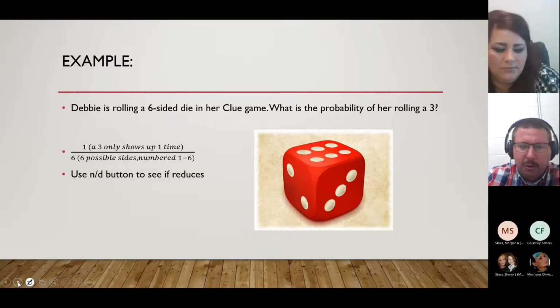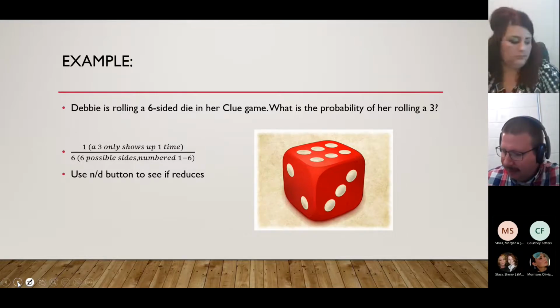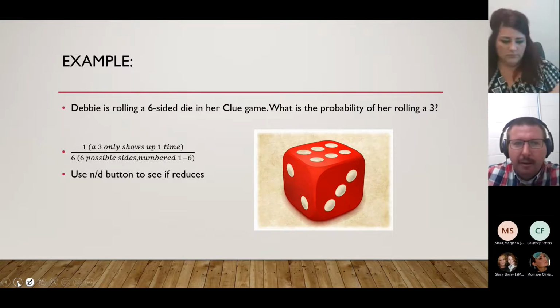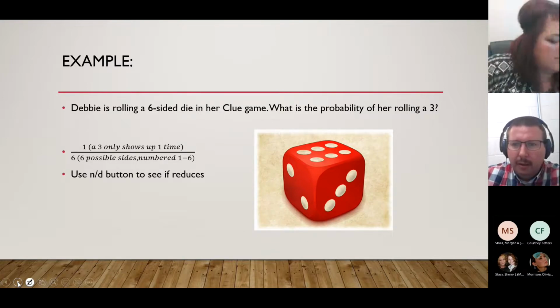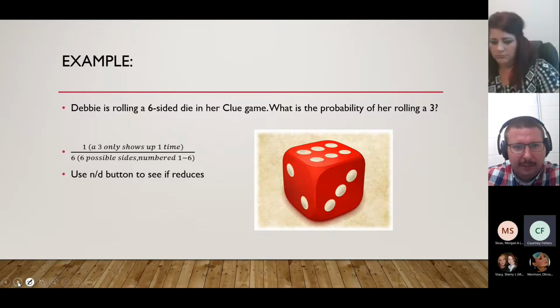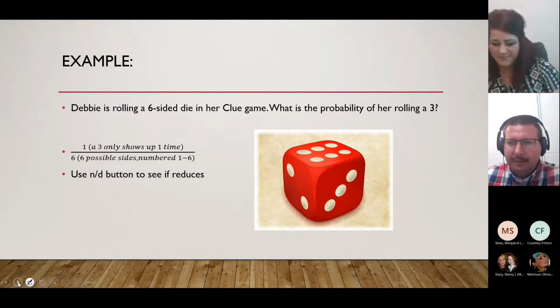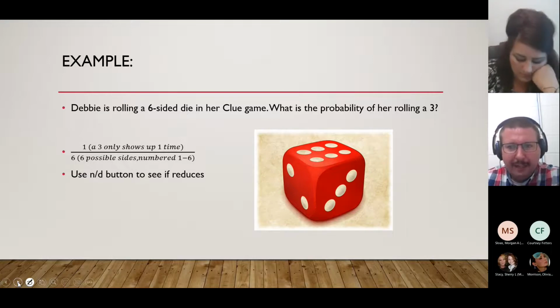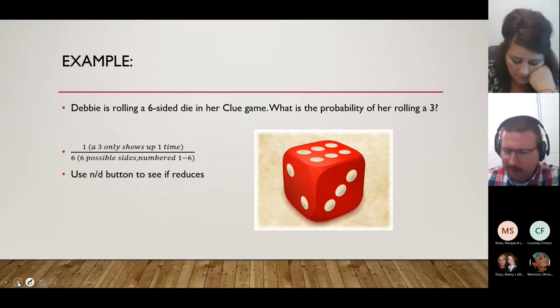Use your 2nd button, where your 2nd button on your calculator is like 3 buttons above your 7. Do you have your calculator, John or Courtney? I have my calculator. Okay. You always want to see if this will reduce.